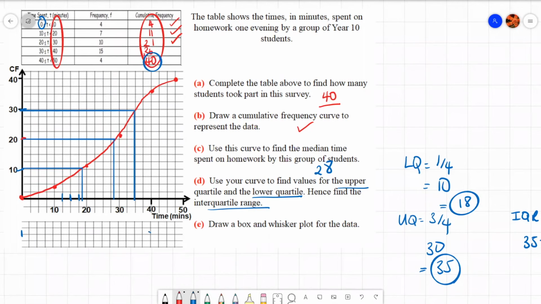The median we worked out was 28. So that's 20, add 2.5, which is 22.5. Add another 2.5, which is 25. That's 27.5, so 28 is going to be around about there.